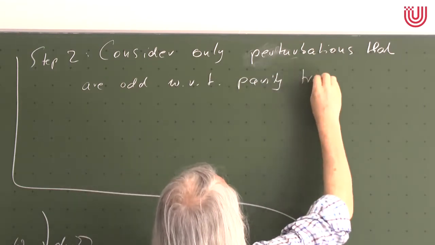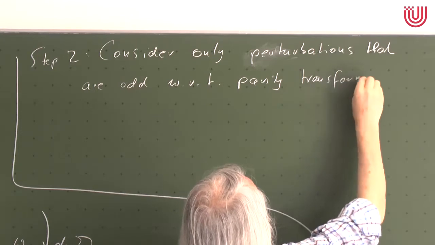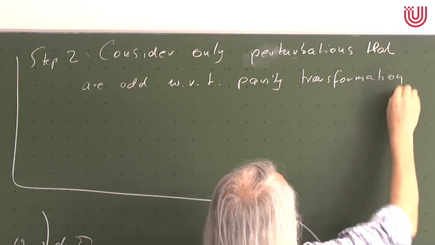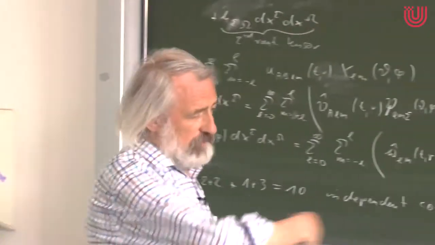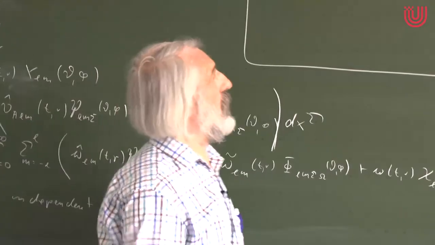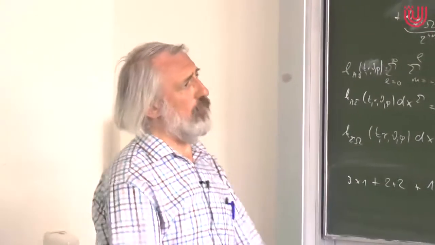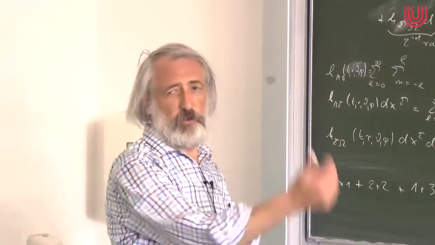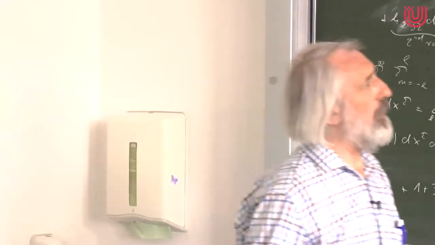So now we have to recall what is a parity transformation. It's something which is very important in particle physics. Yeah, if you classify elementary particles, you have the Lorentz group as the invariance group, and then one of the most important questions is which functions behave odd and which functions behave even under parity transformation.